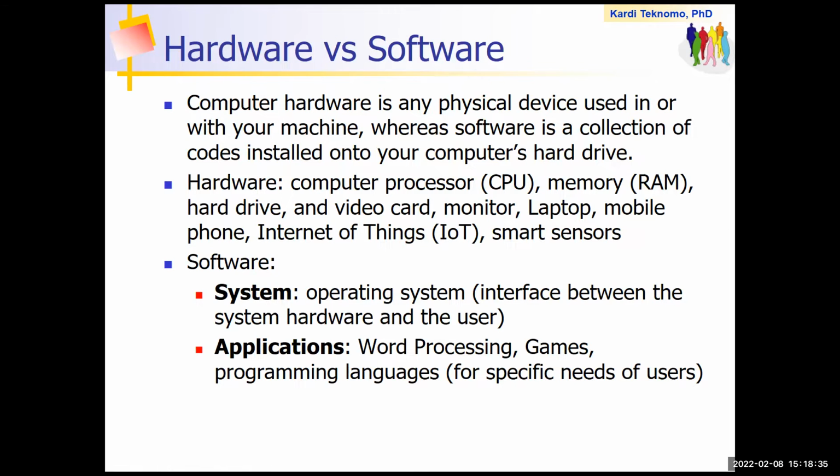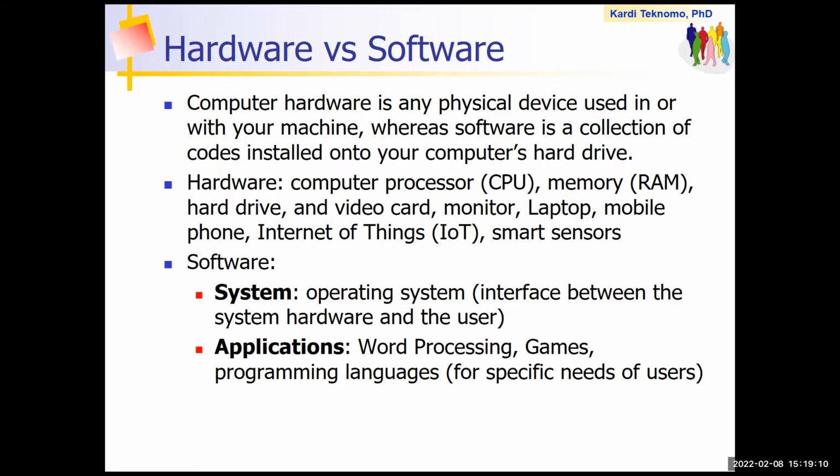Computer hardware is any physical device used in your machine, right? That is a computer. Software is just a collection of code installed on your computer hard drive. So if you want to buy a laptop or computer, these are probably the things you want to check: the CPU, the RAM, the hard drive, the GPU or video card, and probably the monitor size.